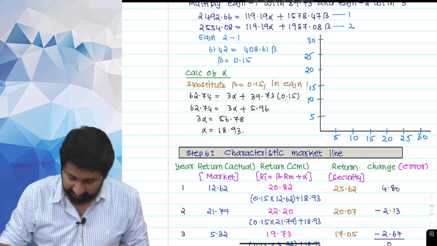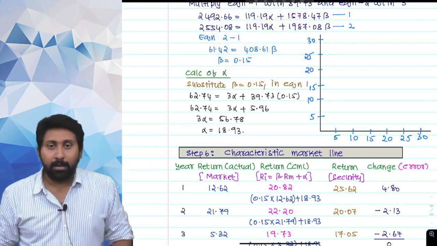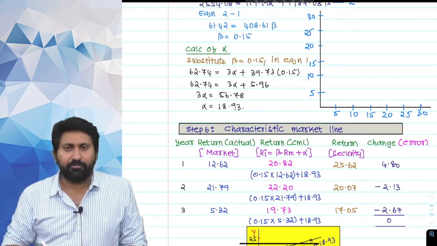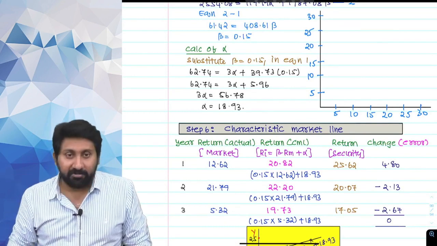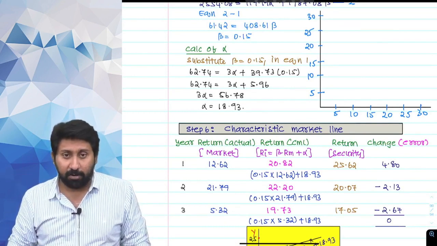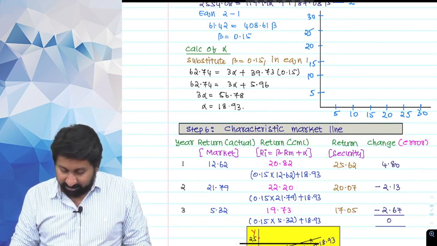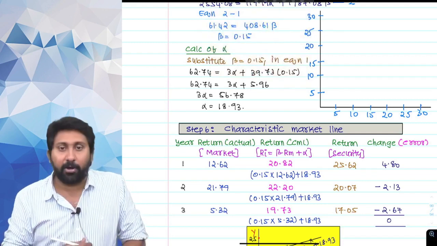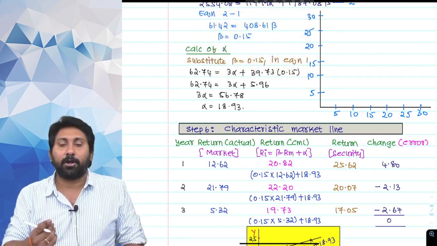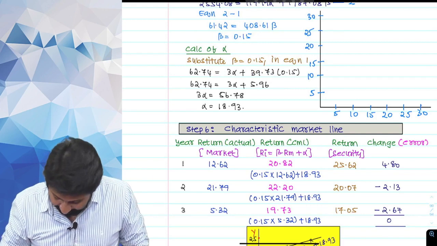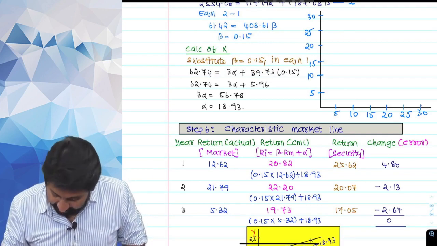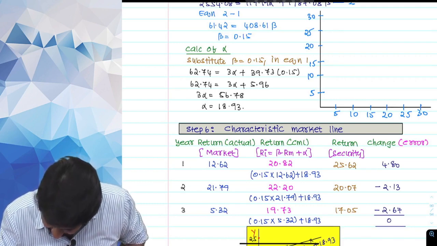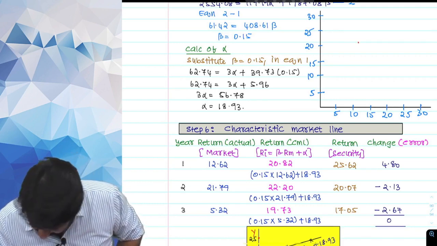Okay, now listen carefully. First, take all the returns and calculate. If you want, you can also do it simultaneously with me. First situation, market is how much? 12.62. How much is the CML return? 20.82. Red color plotted points are CML. Black color plotted points are real returns. So 12.62 and 20.82, somewhere here.